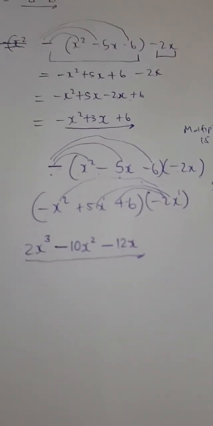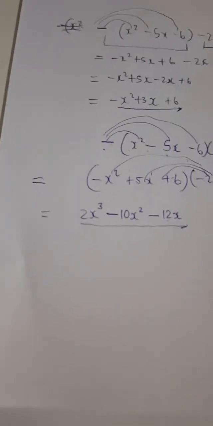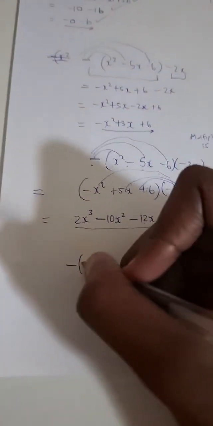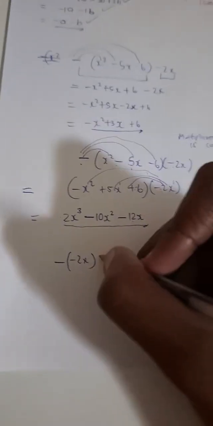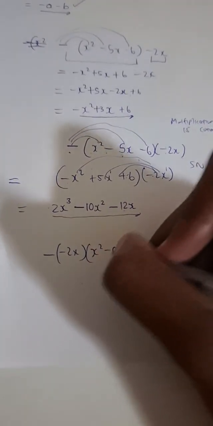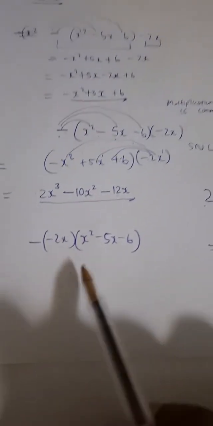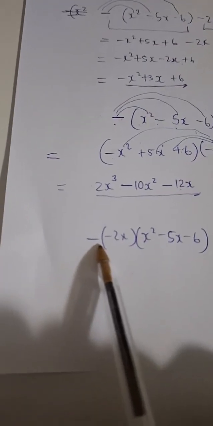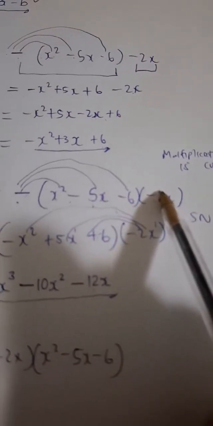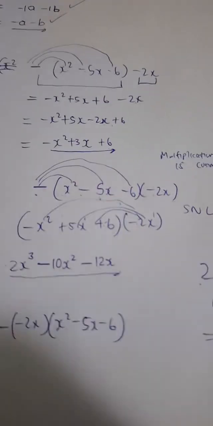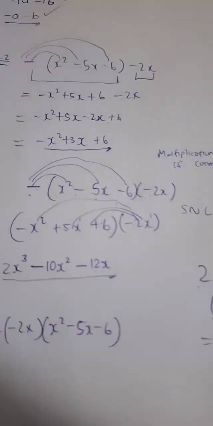Hope that makes sense. And I hope that's understandable. Someone else doing the same problem could have decided maybe to do the following: rearrange the terms. This minus, the minus is still there. The negative 2x, yeah, you can. Like I said, for me, it's just the easiness for me, all right?